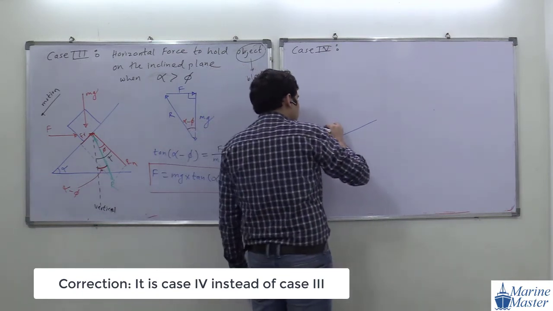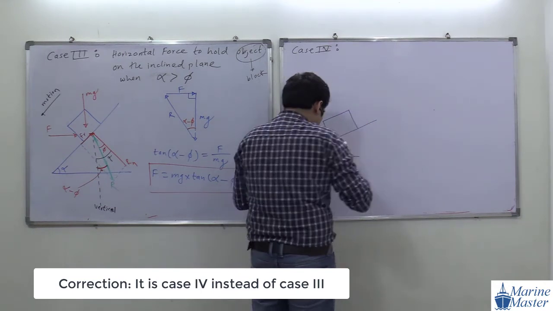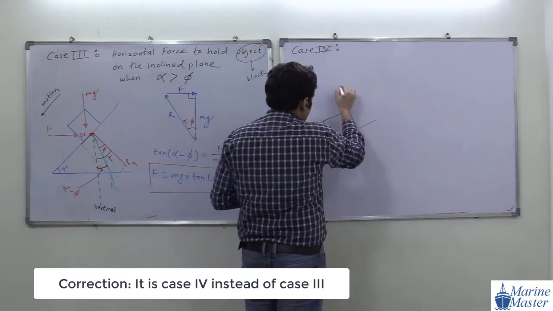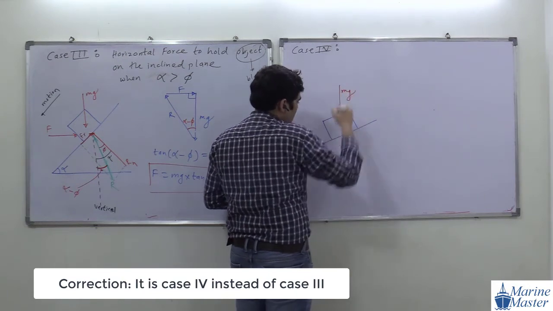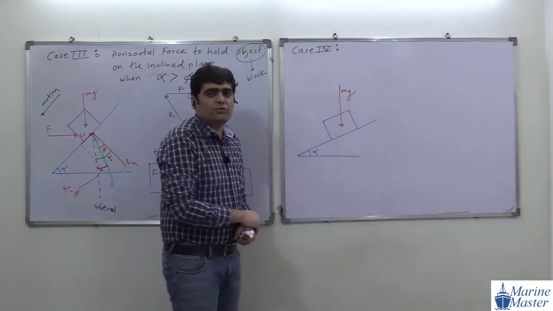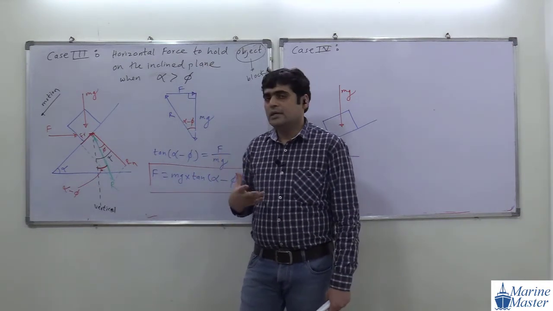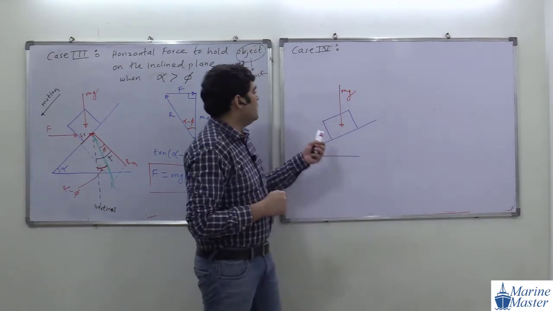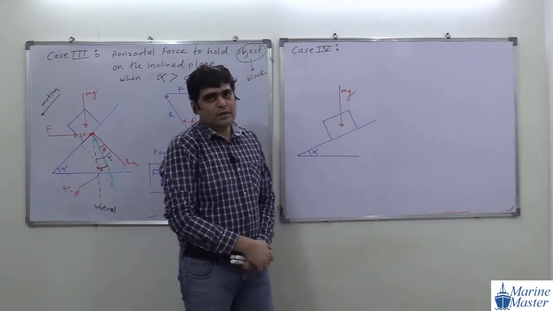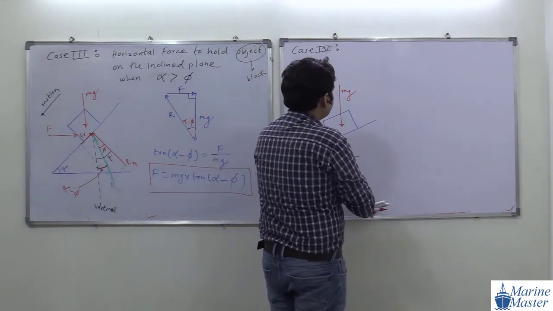On that plane there is a block with weight mg. In this scenario alpha is less than phi, so the object will not go down automatically. So here we need a horizontal force.